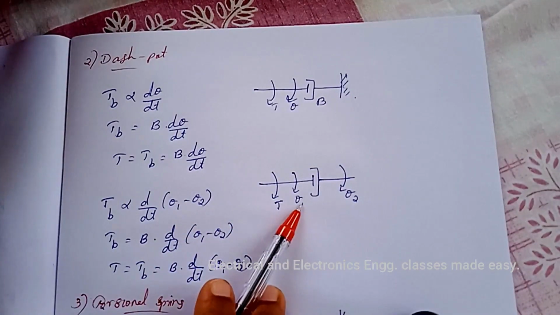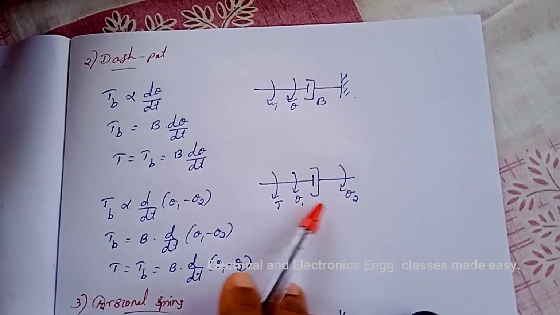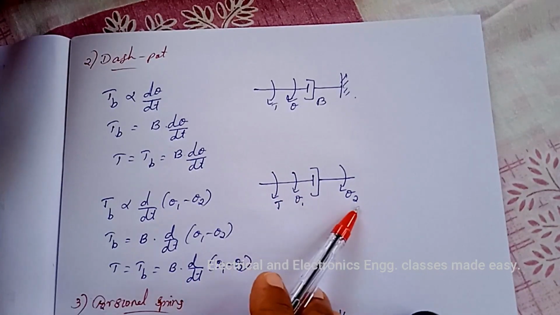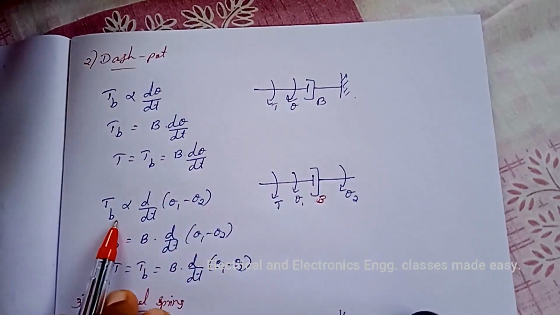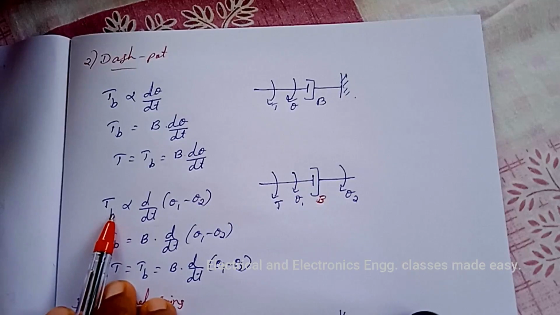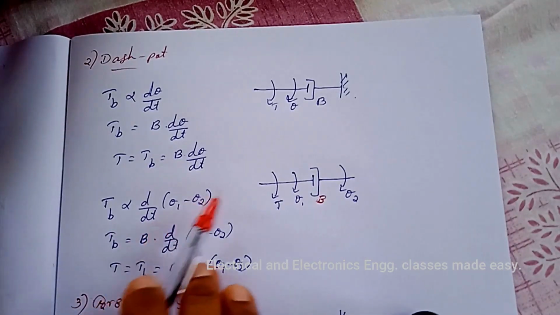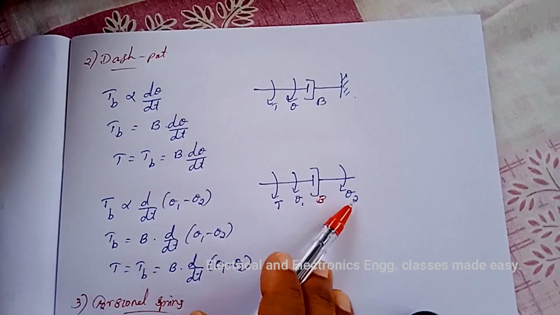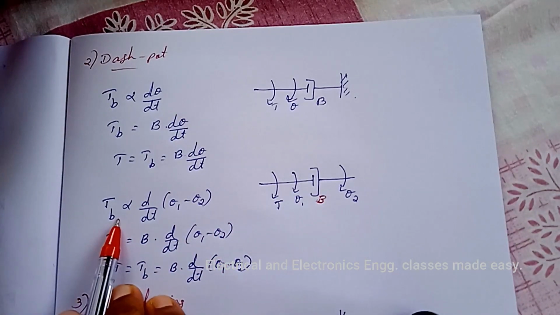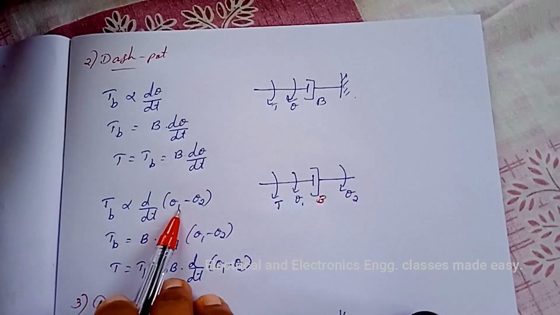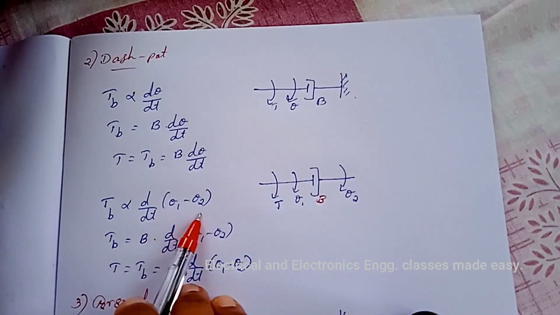And next is ideal dashpot with angular displacement at both ends. So this is B. Here we can write Tb is proportional to d by dt of theta 1 minus theta 2, because the opposing torque is proportional to the differential angular velocity.